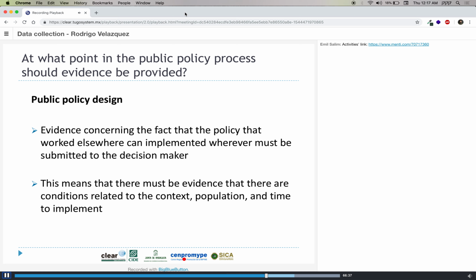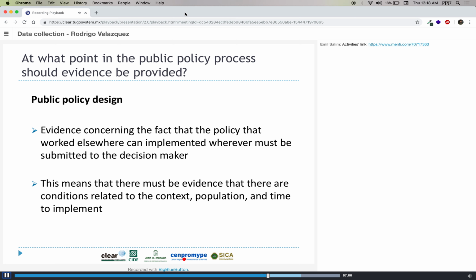So once this public policy has been designed, then we're going to implement it. And prior to implementation, we can also collect information and data. For instance, we can conduct pilot tests concerning many programs, and many governments actually conduct them. Prior to a public action, we conduct pilot tests to analyze how it is working.